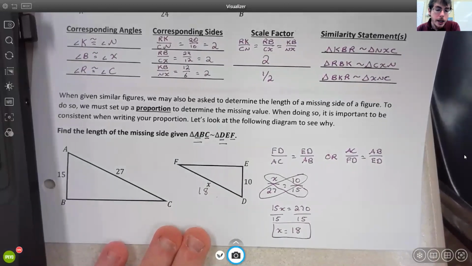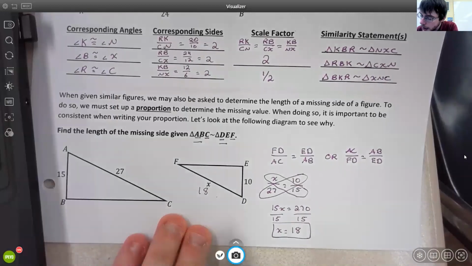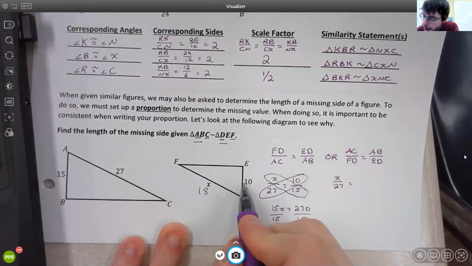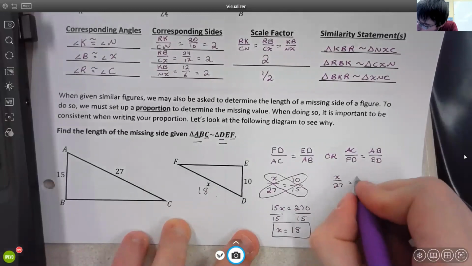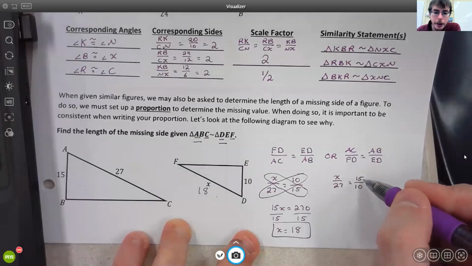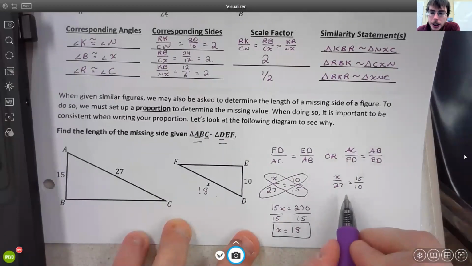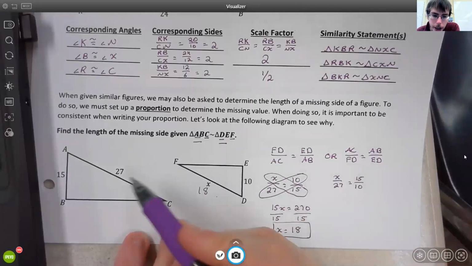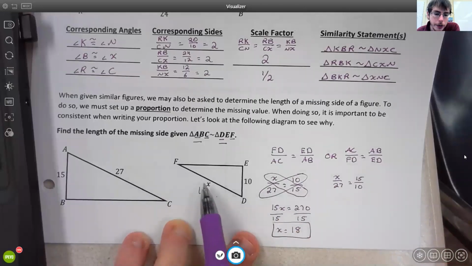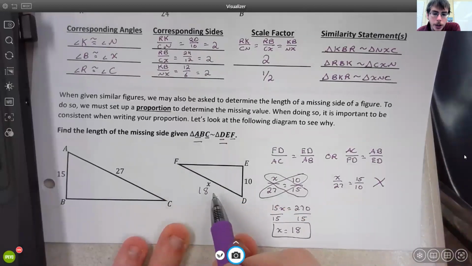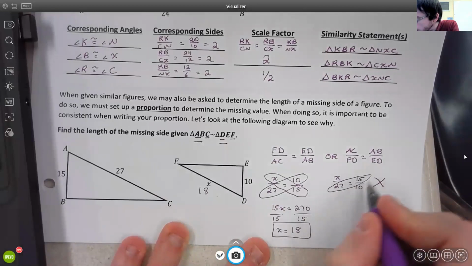Now, let's look at why this would not work if you did it another way. So let's say you did x over 27, and you have 10, and instead of doing 10 over 15, you did 15 over 10. So you did small over big and then big over small. The reason this doesn't work is because the ratios, the proportions, while they might work here, are not going to work whenever you get the similarity statement. So let's just solve this real quick to show you.